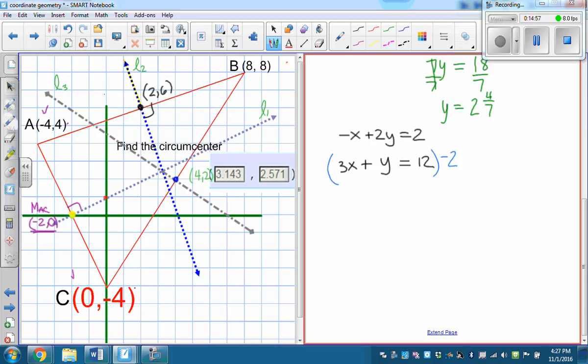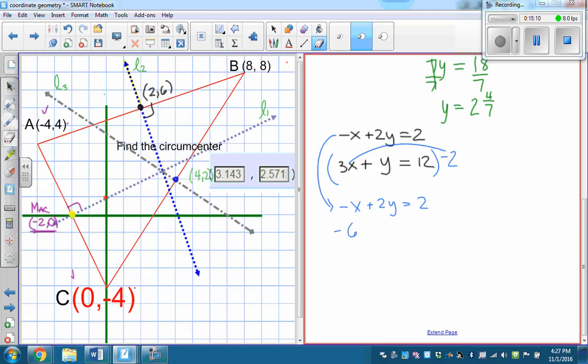So this remains the same, negative x plus 2y equals 2, but the second one becomes negative 6x minus 2y when you distribute this through, equals negative 24.